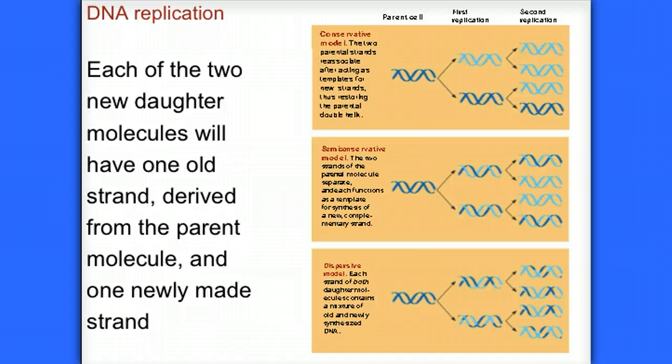And if it was dispersive, then the nucleotides should be a mixture of the new and the old, and even that was not like that. Every time in the daughter strands, one strand belonged to the parent and one strand was completely newly synthesized. And thus semi-conservative. That means parental characters were semi-conserved.